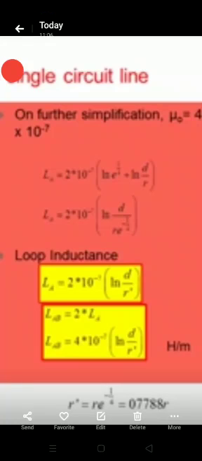If you calculate that, e raised to minus 1 by 4 is 0.7788, so the effective radius is 0.7788 into r. That is why, if I consider the effective radius, the formula will be the second expression.